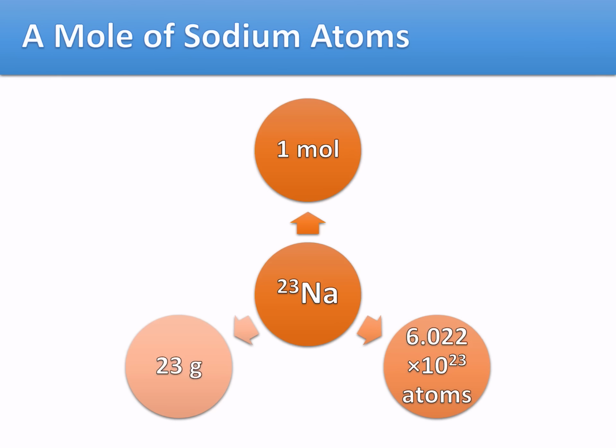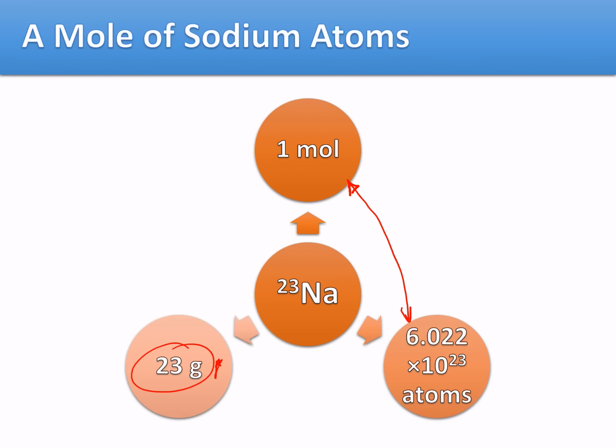For example, if we switch to sodium 23, the concept of mole stays the same. 1 mole is still representing that number of particles, but because sodium 23 is a different atom, a heavier atom, has a larger mass, the mass changed. Okay, it increased because it's a heavier atom, but still 1 mole is represented by the same number of particles. Heavier particles, yes, but it's the same number of particles.